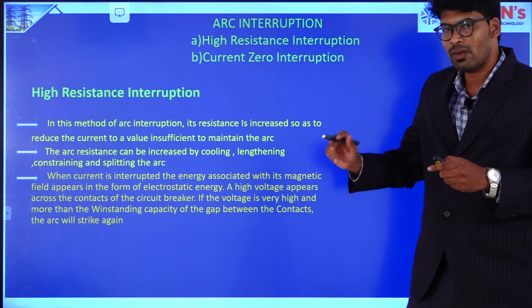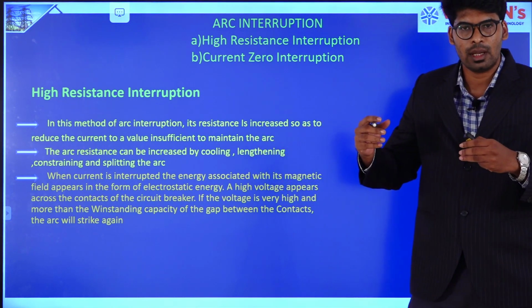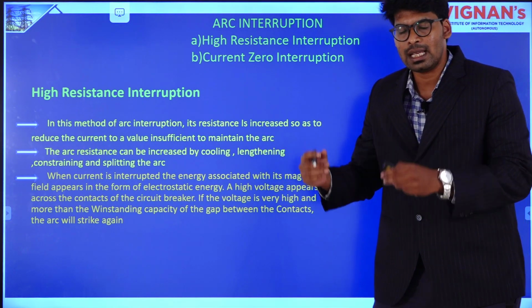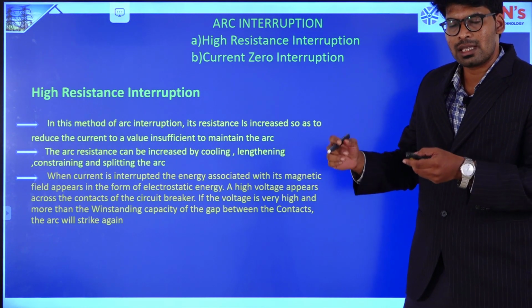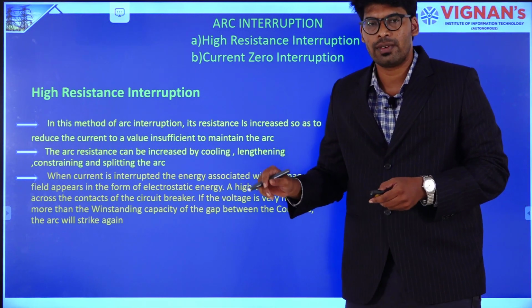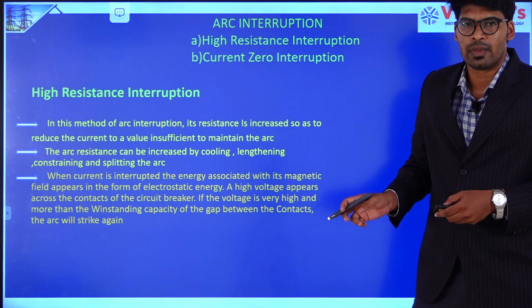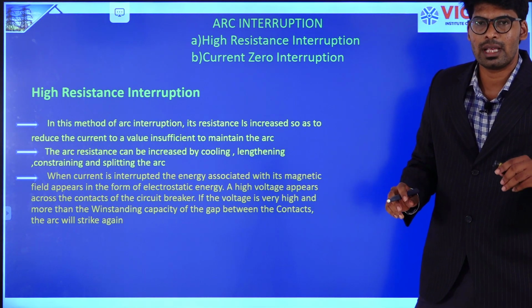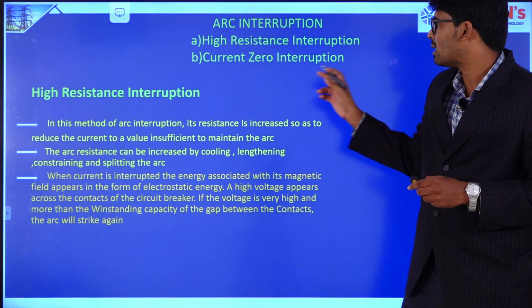So a high voltage is produced there, and there is a chance that the arc will form again. Because of this disadvantage, this method is used only for DC power. In AC power it is not used, except in low power AC applications.